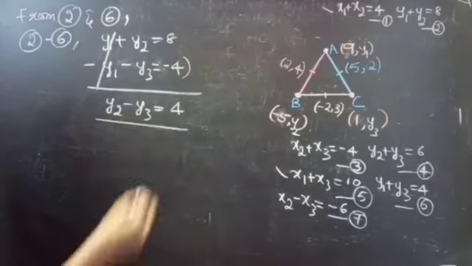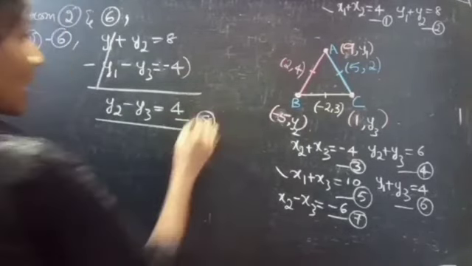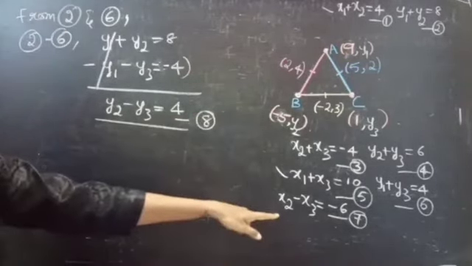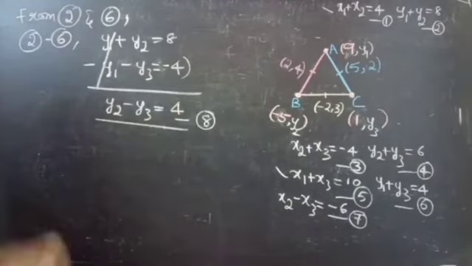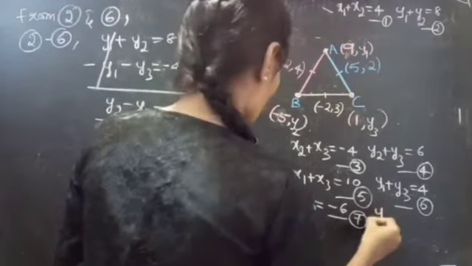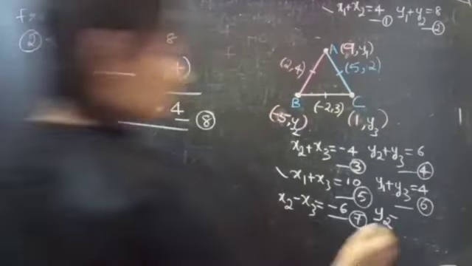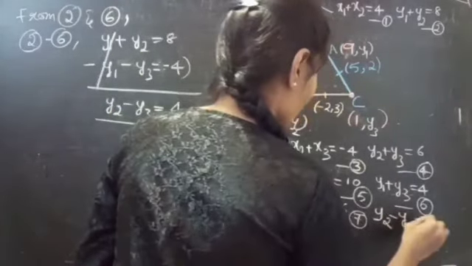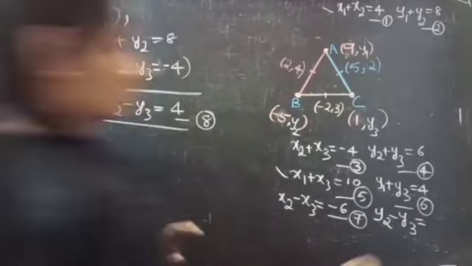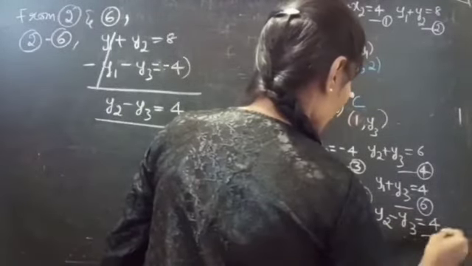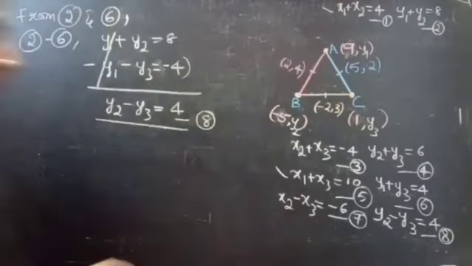So this is our equation number 8. You have equations up to 7 here, so this will be your 8: y2 minus y3 equals 4.